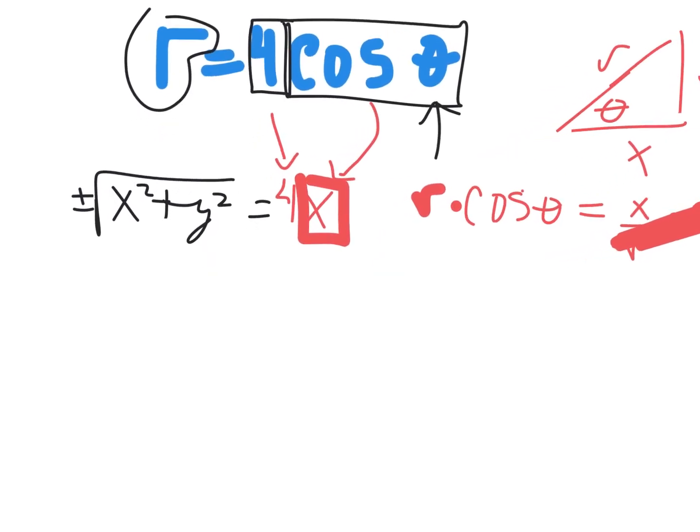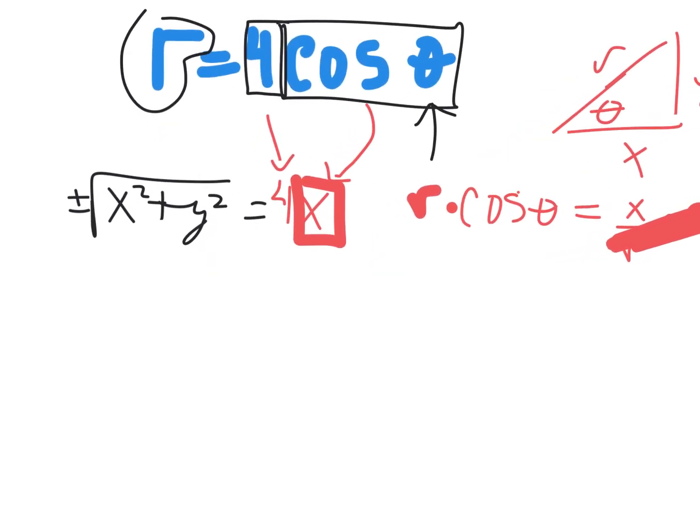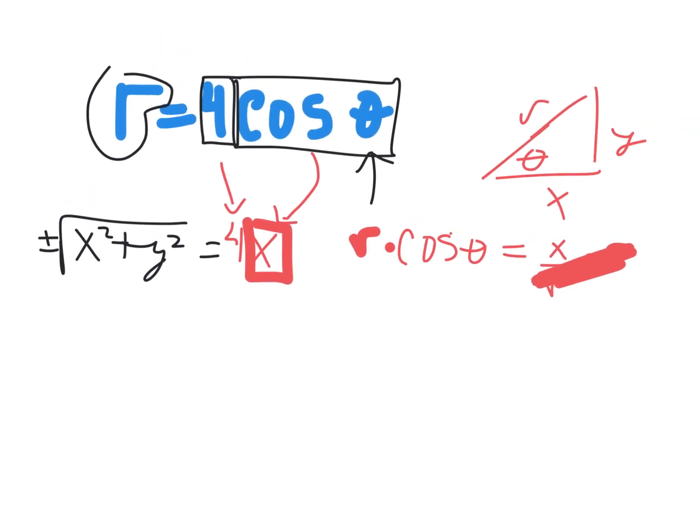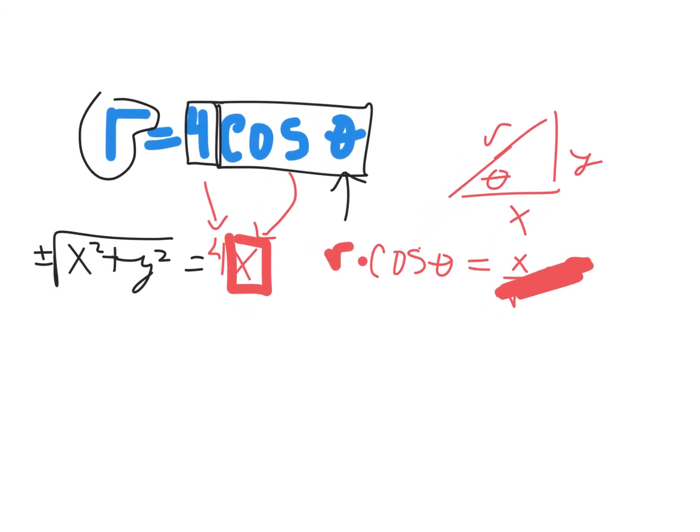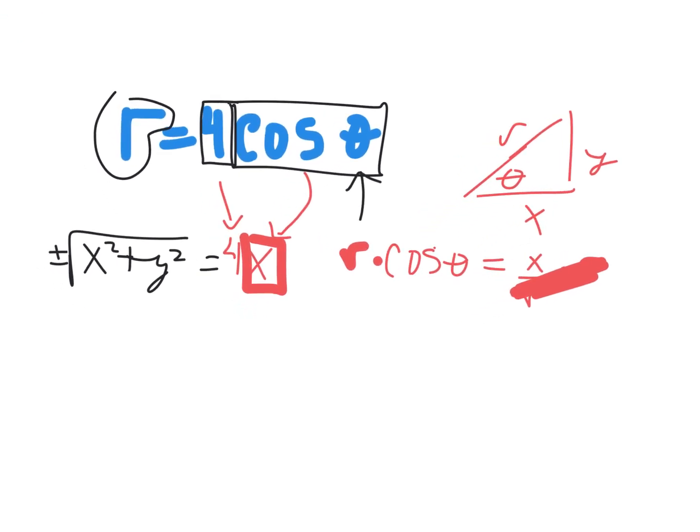I think this is right. There's something bothering me about it. So maybe I'll figure it out later. We'll see. Wait, isn't that technically r cosine theta on the top, and 4 is the r? Couldn't it just be x over 4 instead of 4x? Maybe it is.